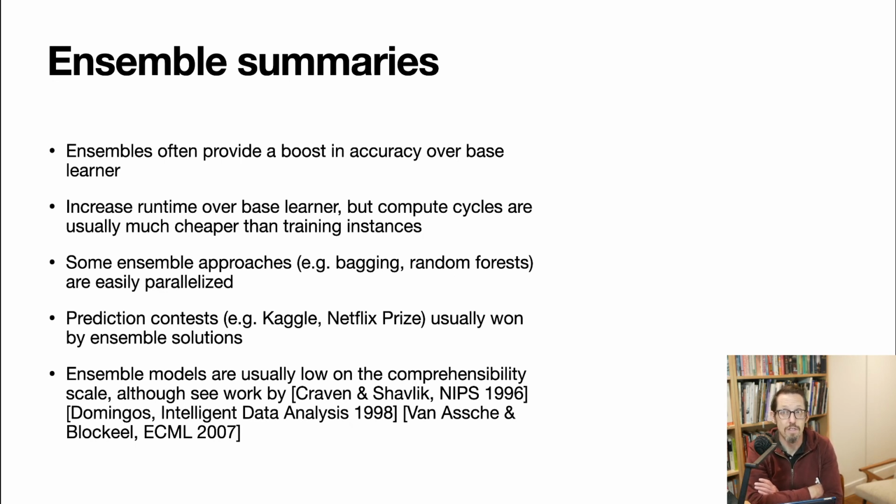We also know that a lot of contests are won with ensemble solutions. Oftentimes, these are very highly customized, by the way. And we know that ensemble methods do suffer from low interpretability. Okay, but there are attempts at making these more interpretable, more transparent algorithms where we can see why it makes decisions. All right, that is it.